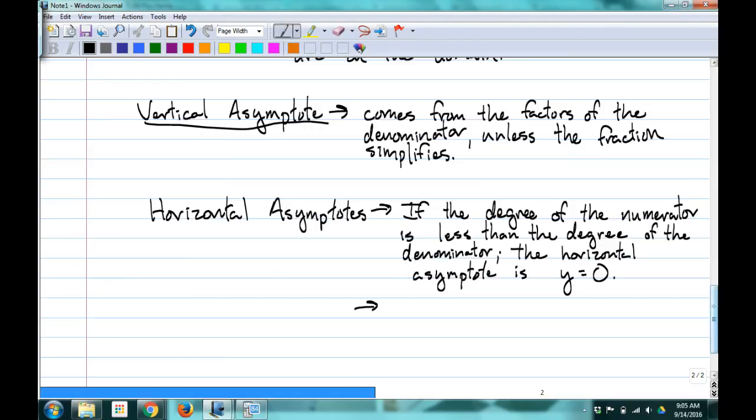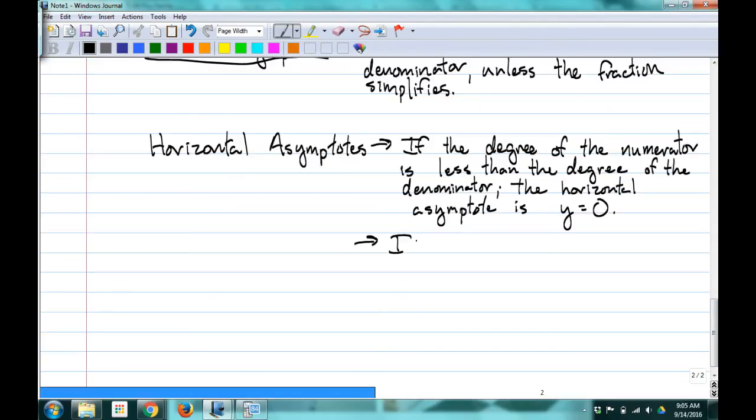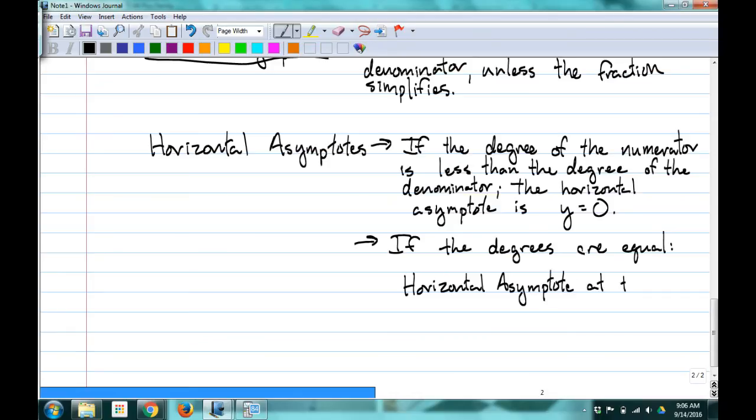The other condition would be if the degrees are equal. It's a horizontal asymptote at the ratio of the leading coefficients.